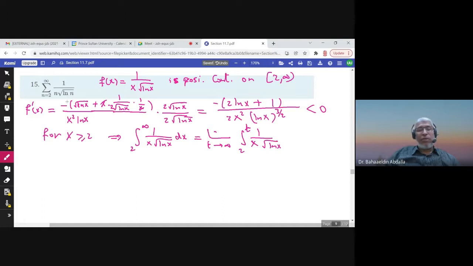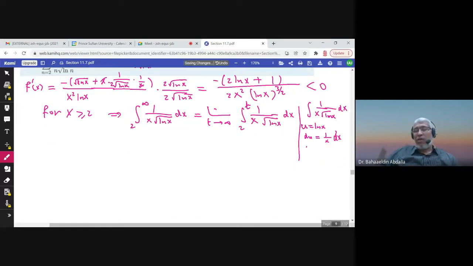Yes, the integral of the function f of x. To find the integral of 1 over x times square root of ln x, we take u equals ln x, then du would be 1 over x dx, and the integral would be 1 over square root of u du.